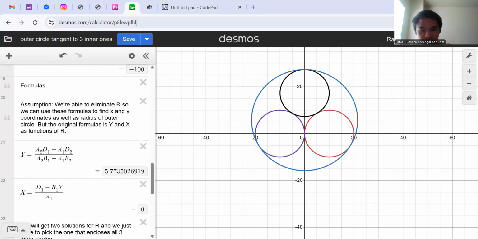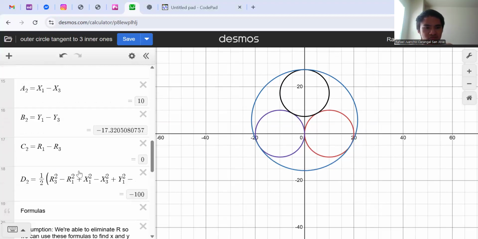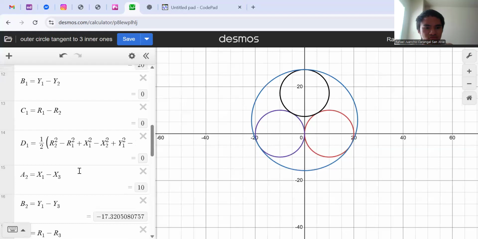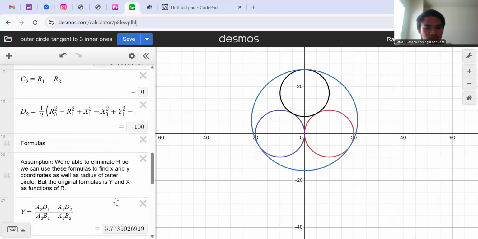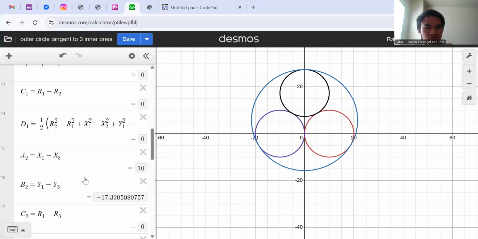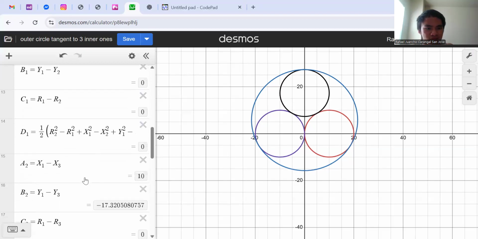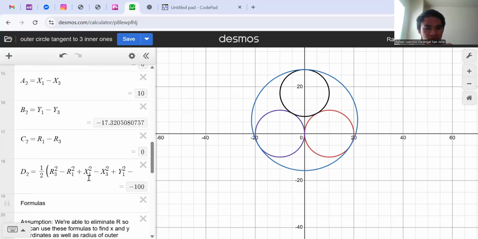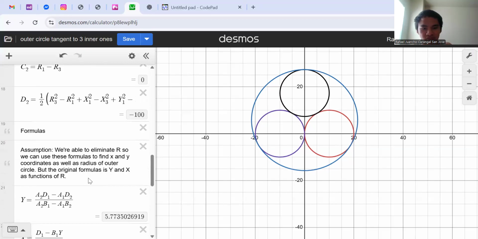A2 D1, that's 0. A1 D2, 20 times negative 100. So minus 20 times negative 100. So here I actually get negative 200. No, I get 200.